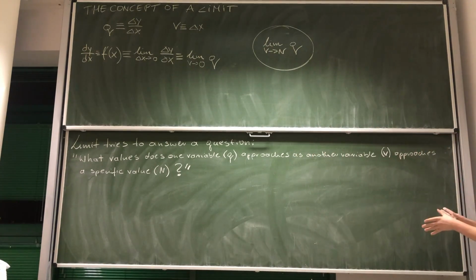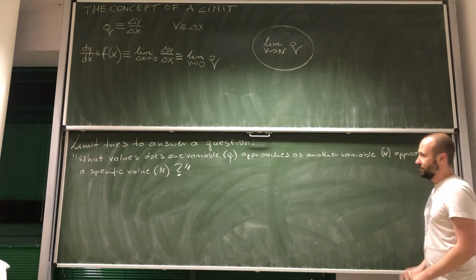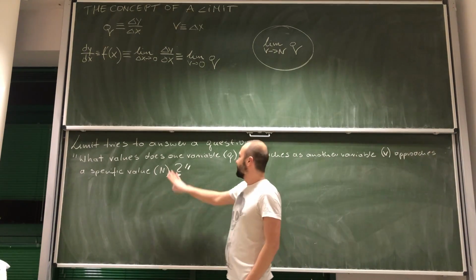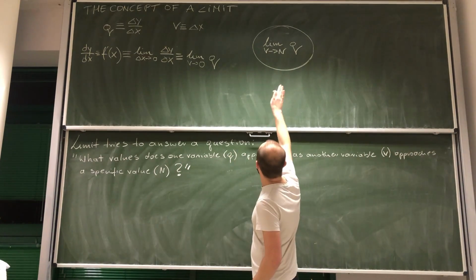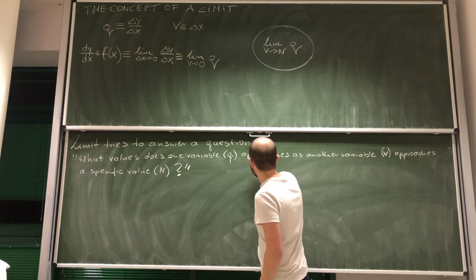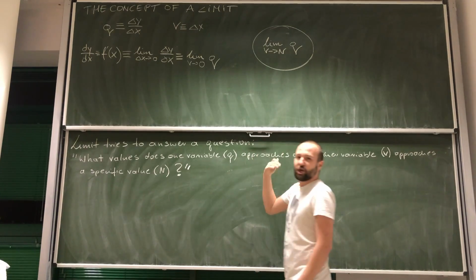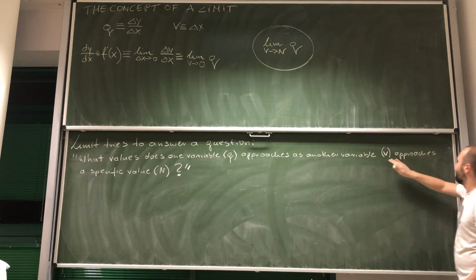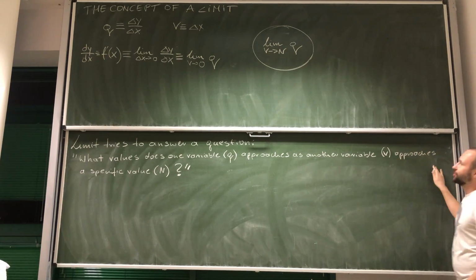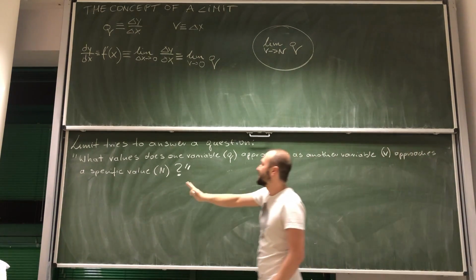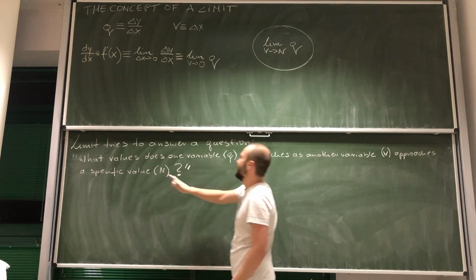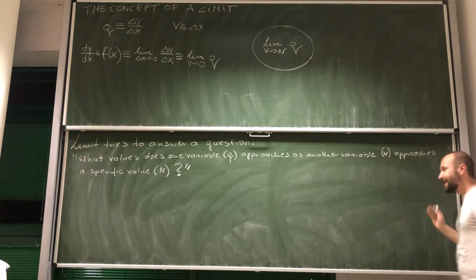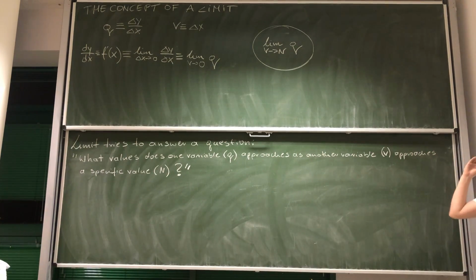So limit tries to answer a question: what value does one variable q approach, so gets closer and closer to, as another variable v approaches some specific value, in our context n. And limit is going to give us the answer to this question.